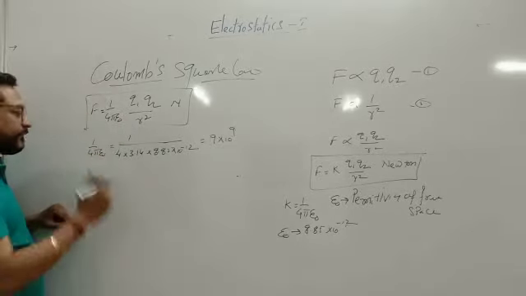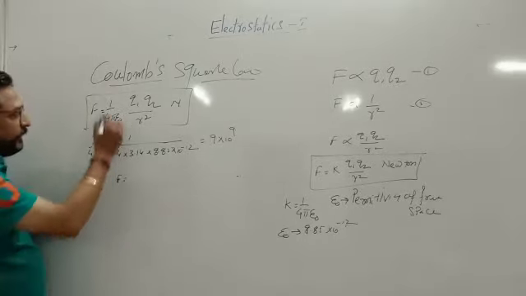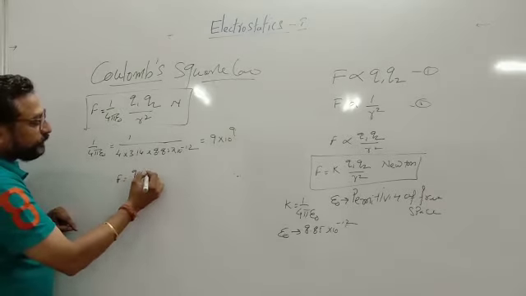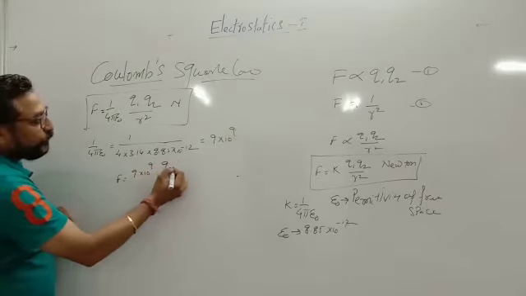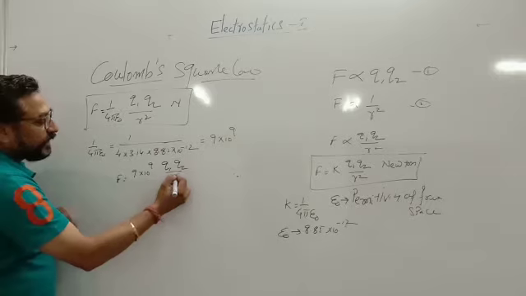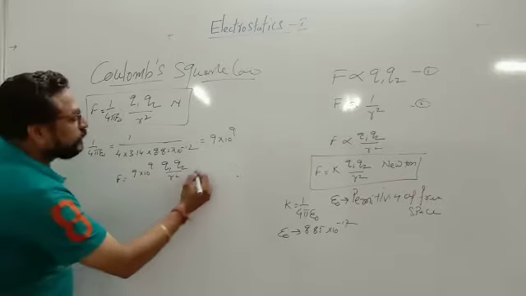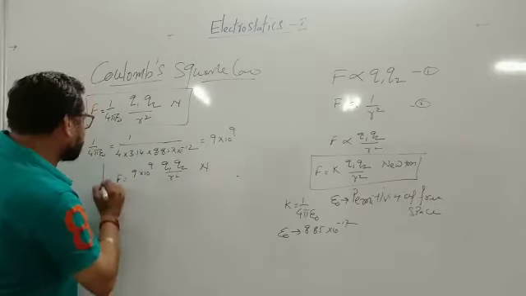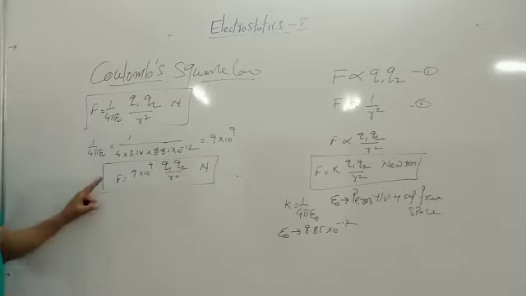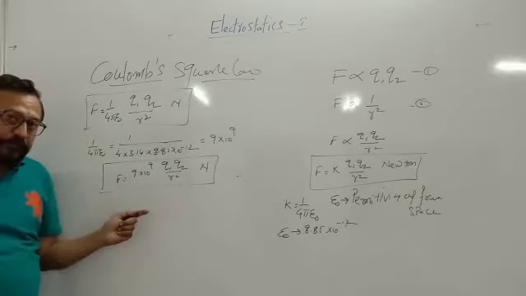That's the final answer: F is equal to 9 into 10 to the power 9 Q1 Q2 upon R square, and the unit is Newton. That's simple. This is Coulomb's inverse square law.